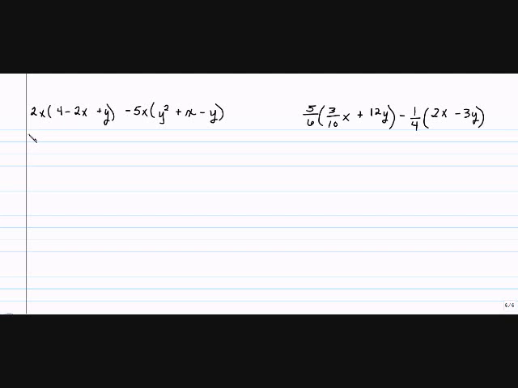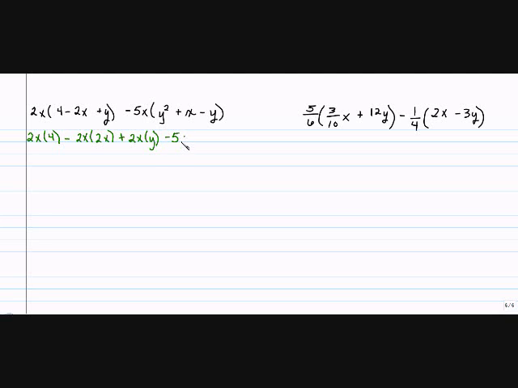I have to say 2x times 4 minus 2x times 2x plus 2x times y. And then I'm going to distribute the negative 5x to each one of these terms, doing the same thing.